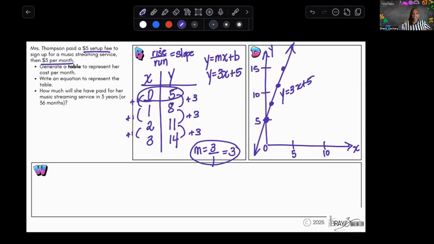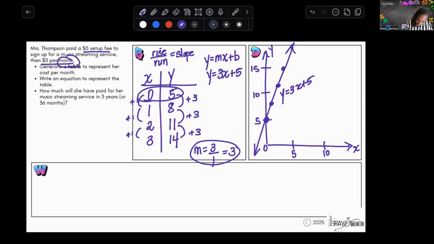And so now to answer my question, how much will she have paid for her music streaming service in 3 years or 36 months? My question to my students would be, where would I substitute my 36? Not 3. Do not substitute 3, because it's not in years. We're talking about months. So where would I substitute my 36?